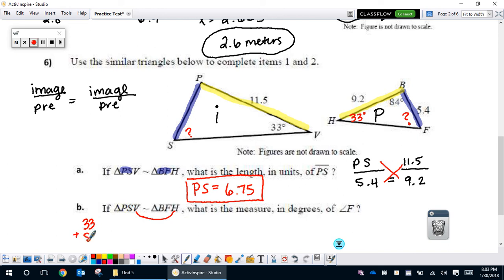Add up what you know, and then subtract from 180, because that's the sum of the interior angles of a triangle. So I found the measure of angle F is 63 degrees. Okay?